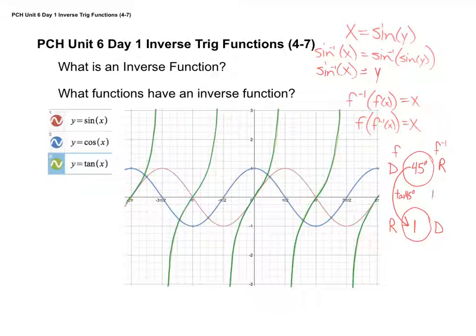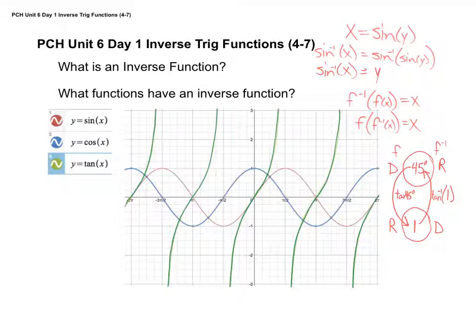So tangent inverse, if I had the inverse tangent of 1, that would map 1 back to 45 degrees. Okay? That's what these inverse trig functions do. They take a value and they map you back to the angle that has that trig function.